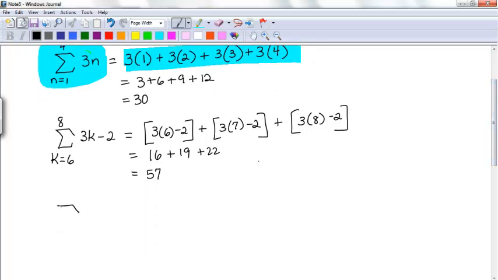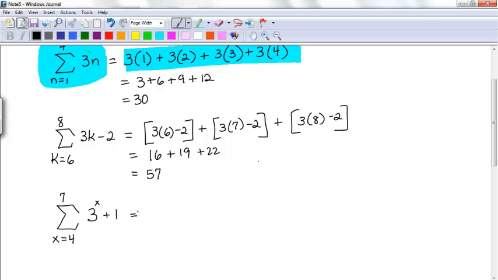Let's look at another example. Say I give you the summation of 3 to the x power plus 1. The 1 is off by itself. 3 to the x power and then plus 1, and x equals 4 to 7.